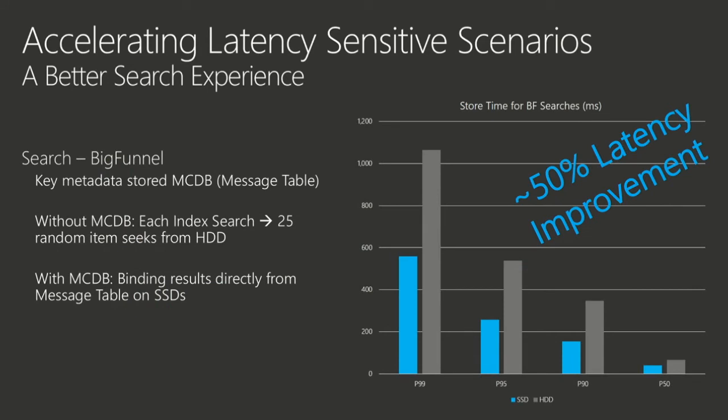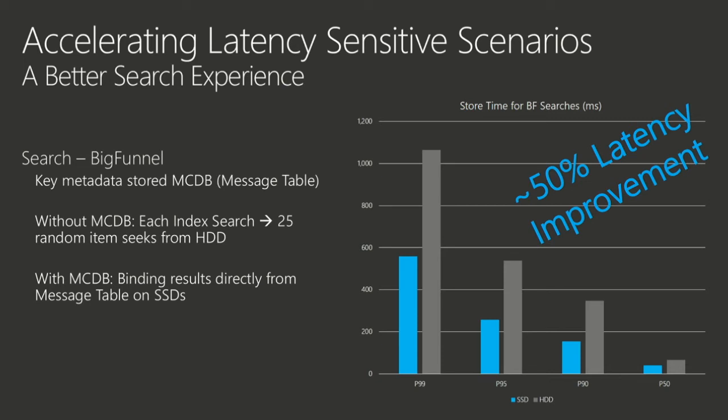Here are some results we've seen with some of the scenarios that we've accelerated. The first one is our Big Funnel, the better search experience scenario. For Big Funnel, we have put all the key metadata, the message table, on the MCDB. Before, without the MCDB, each index search resulted in 25 random item seeks from the hard drive.